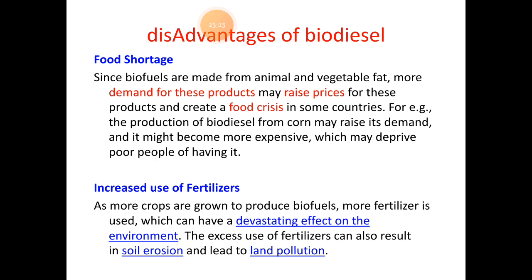For example, production of biodiesel from corn may raise the demand and become more expensive, which affects the poor community. Also, the growth of biodiesel crops may use more fertilizers. Thus, soil or land pollution is seen that affects the environment.